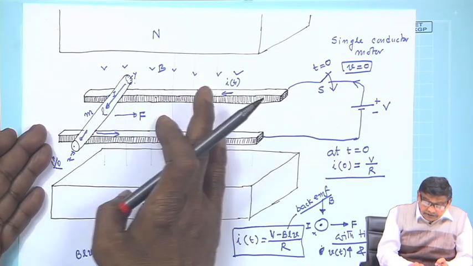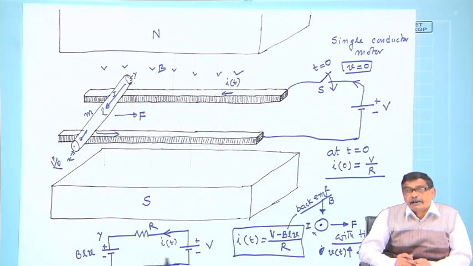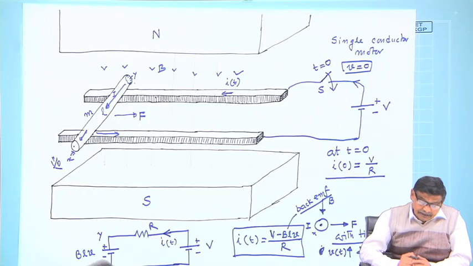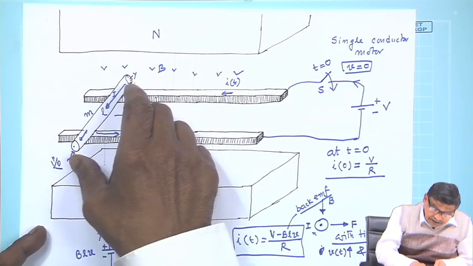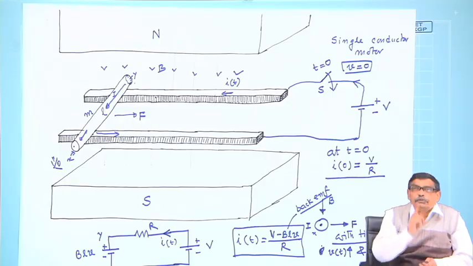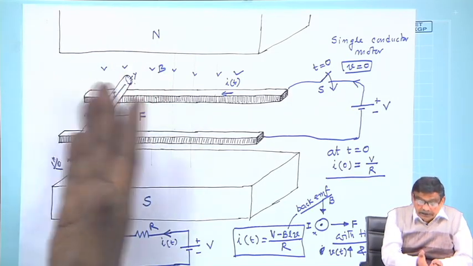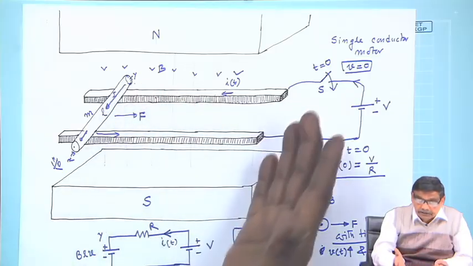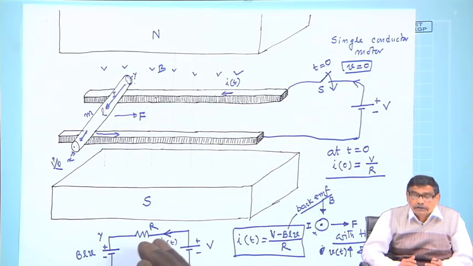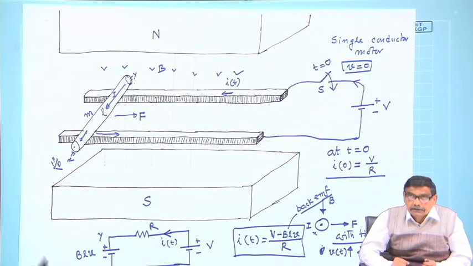The moment the conductor starts moving, Fleming's right hand rule will demand that between the points x and y there must be a voltage, because here is a conductor which is moving with a velocity v, no matter how it acquired that velocity.